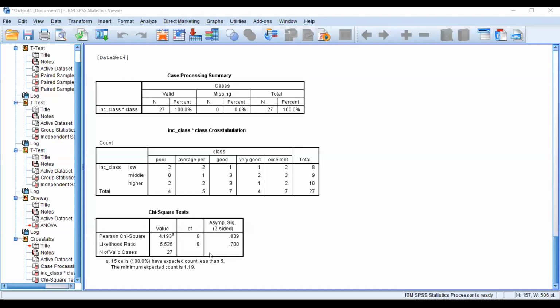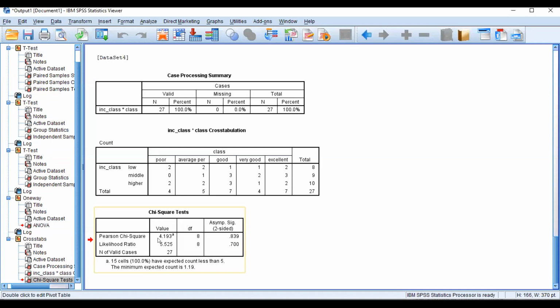This is the output window. I think you can see this. This is the chi-square result. Here is the case processing summary. It means 27, 100% were valid.